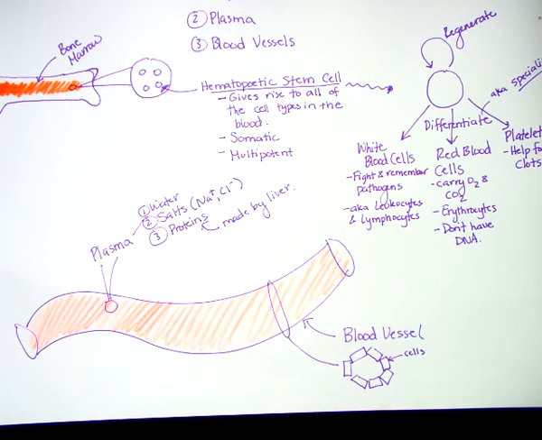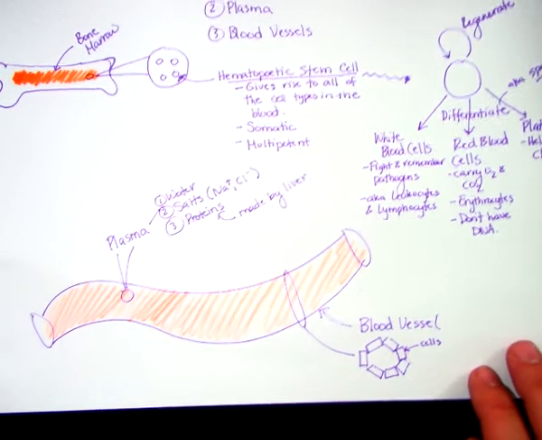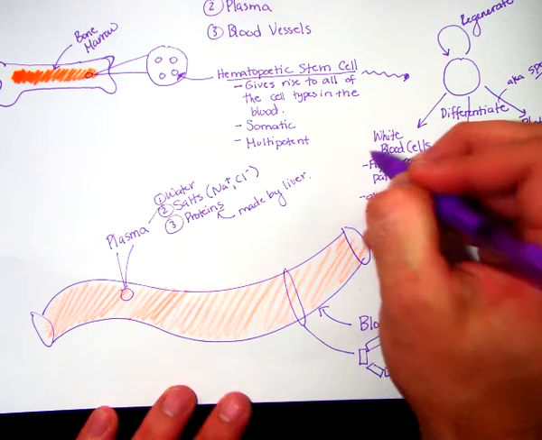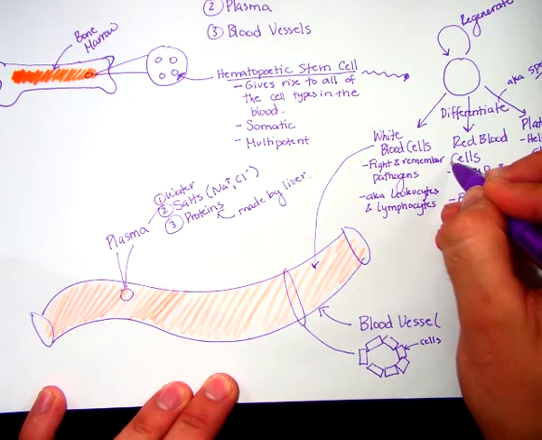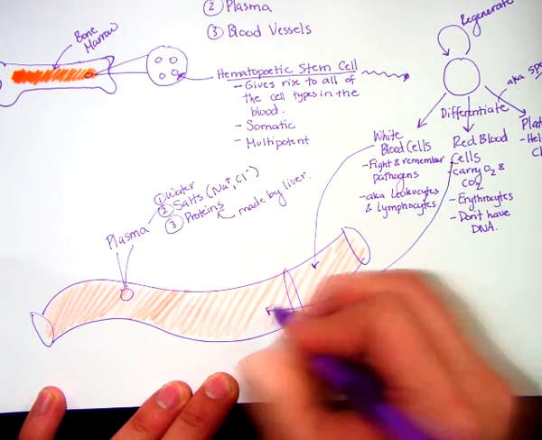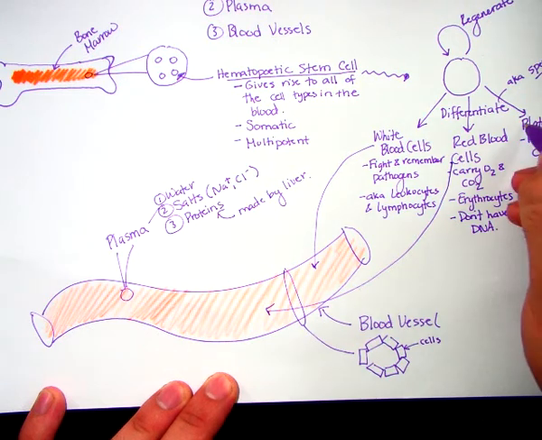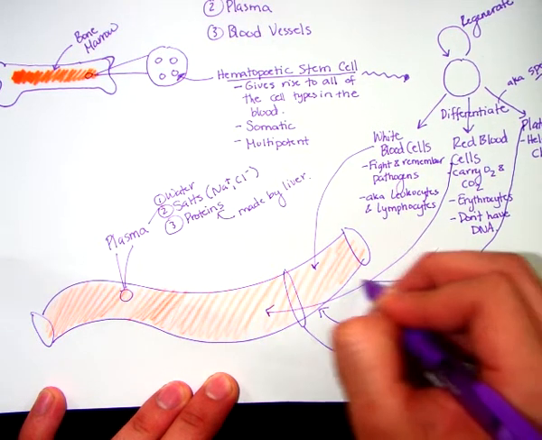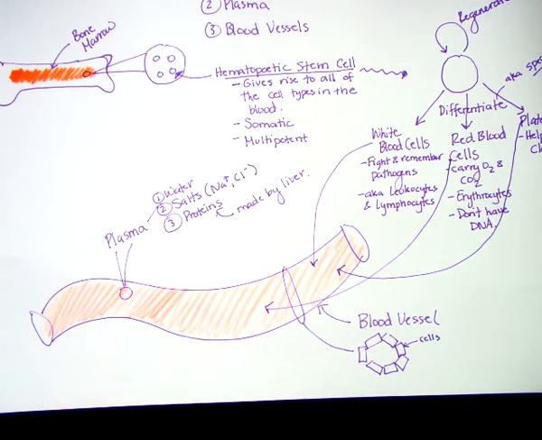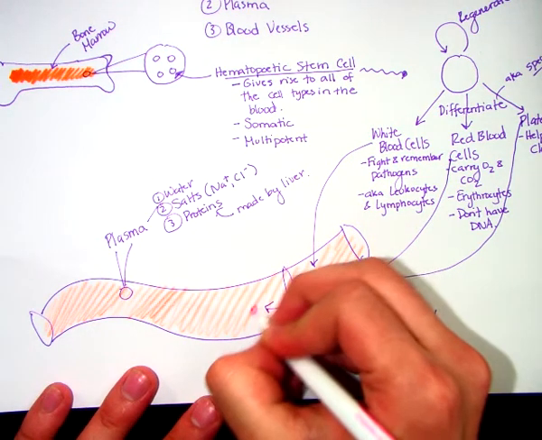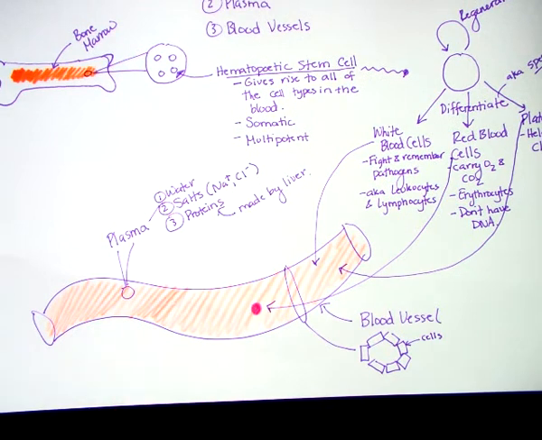So the blood is plasma, white blood cells, red blood cells, and platelets. What you can do, I'm going to use pink to represent my red blood cells. You can use whatever color you like.